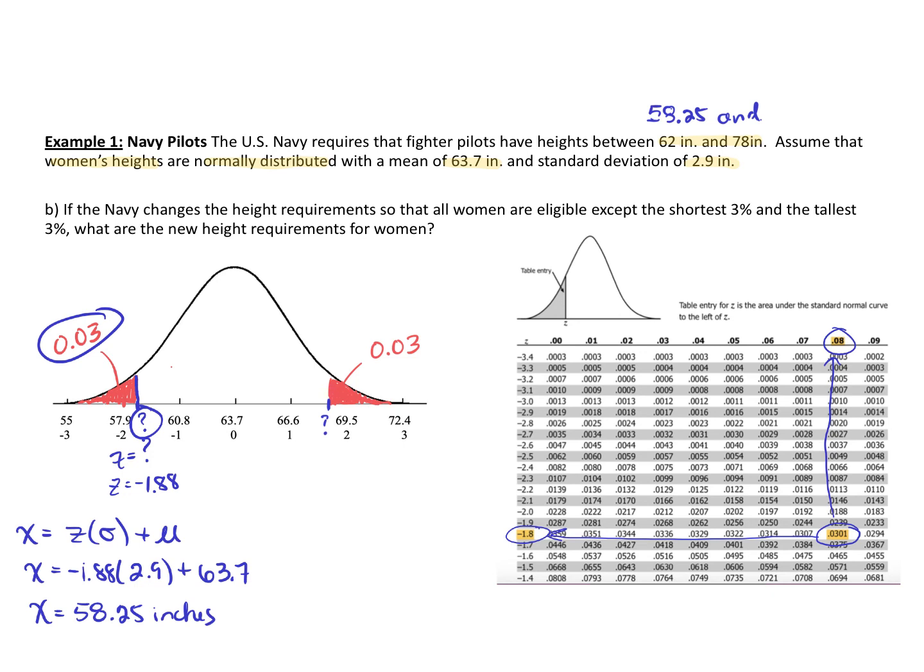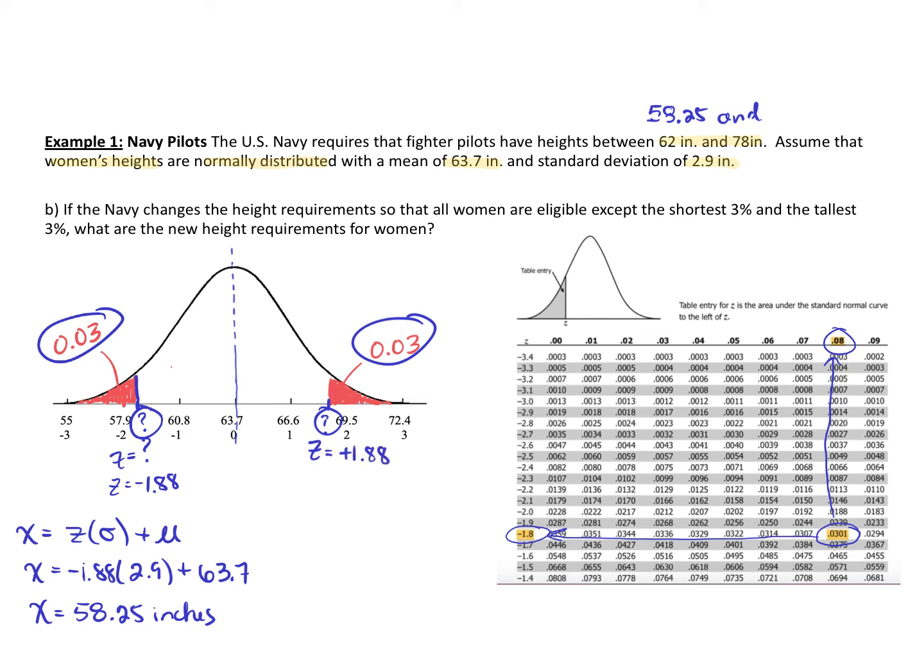And then to find the height that corresponds to the tallest 3%, well, because this is a bell-shaped curve that is symmetrical along the center there, we know that since the area on both tails have the same area, they're both 0.03, that means that the z-score that corresponds to this height on the right tail is going to be positive 1.88.